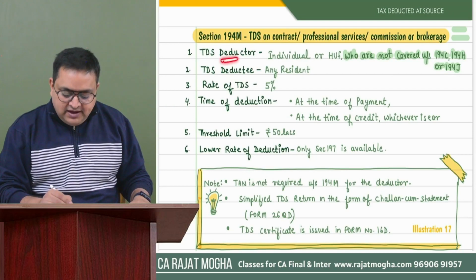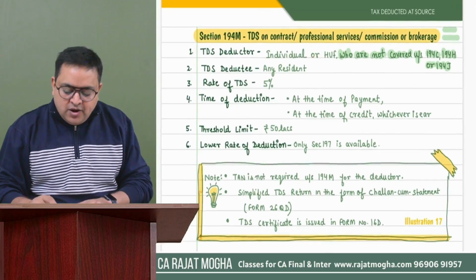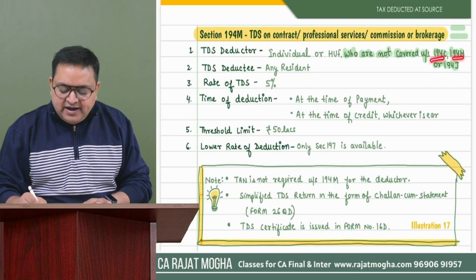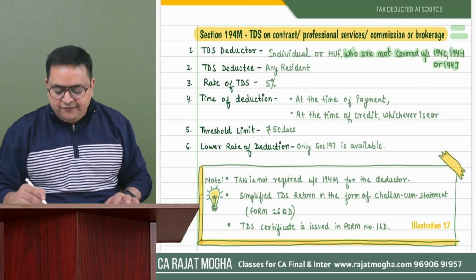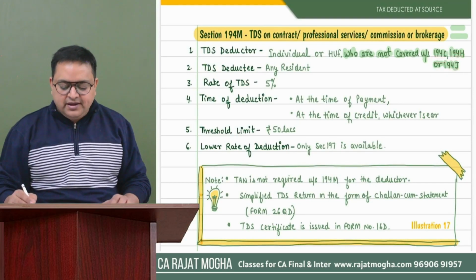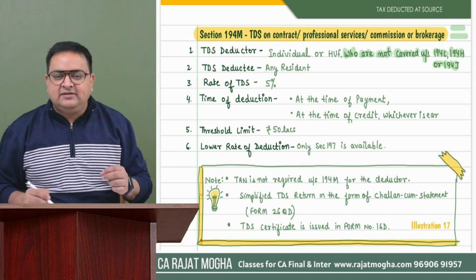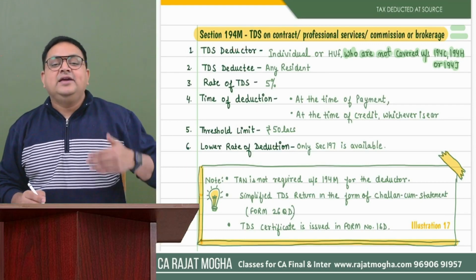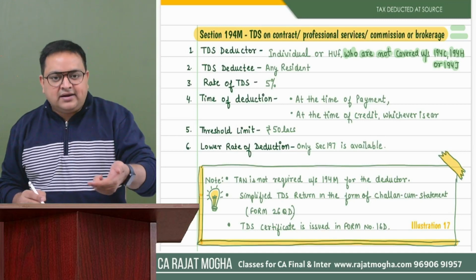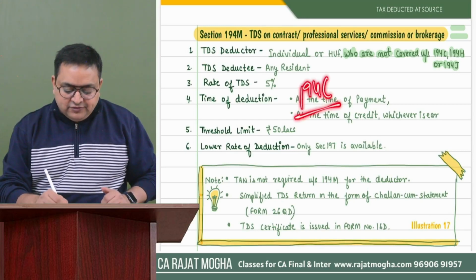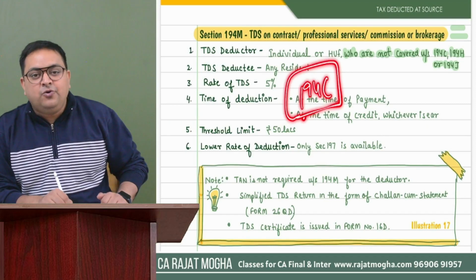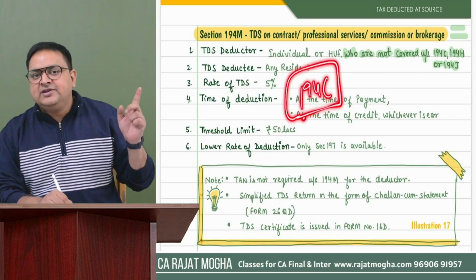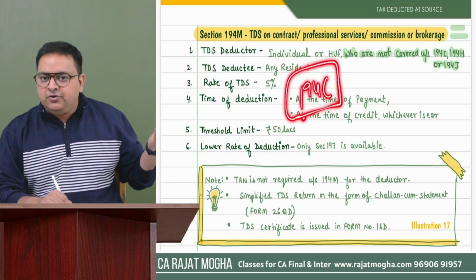So 194M is for TDS deducted by individual HUF who are not covered under 194C, 194H or 194J. Why is 194C, H or J written over here? Because 194M applies whenever there is any individual or HUF who gives any contract, sir, it will be covered under 194C. But in 194C, first of all, only those individual HUF can come whose turnover is more than 1 crore or 50 lakh.